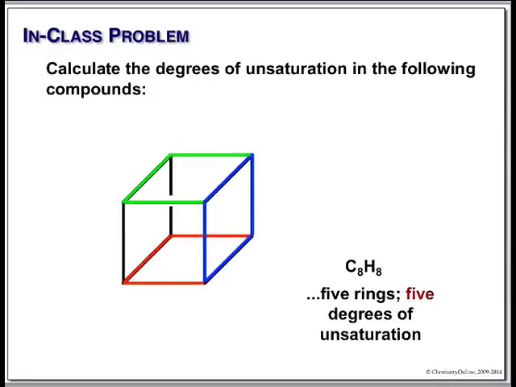And do the same thing down here. Finally, we have 2 bridges we can construct, this one and this one. Therefore, we have 1, 2, 3, 4, 5 rings in our compound.